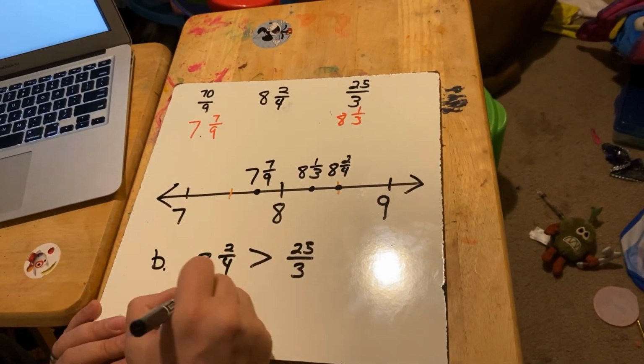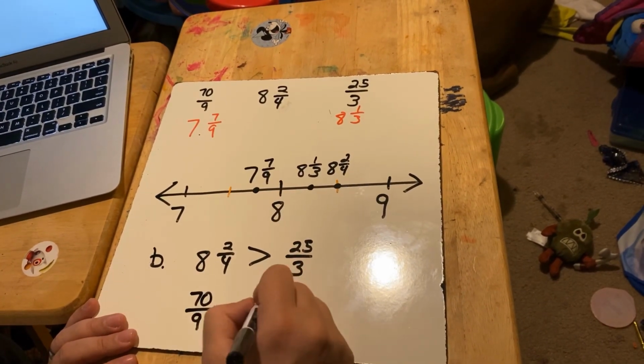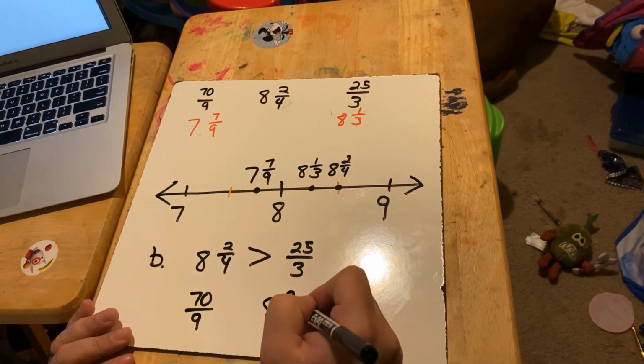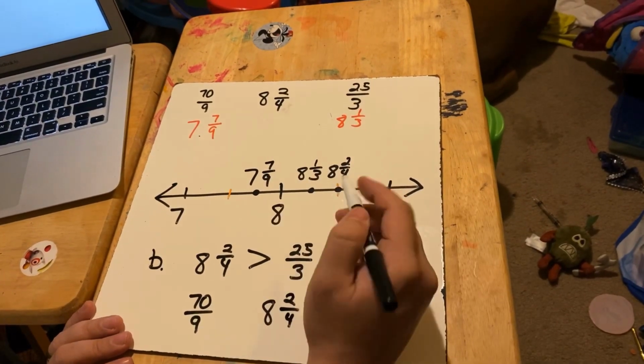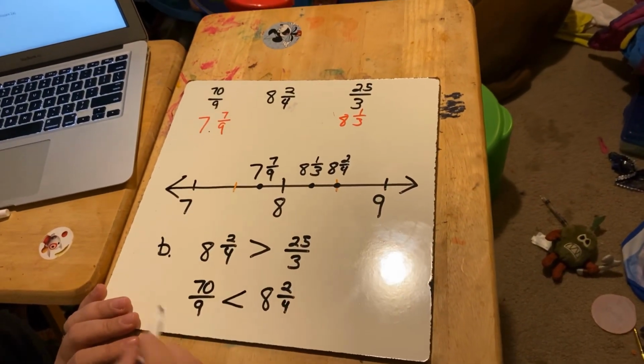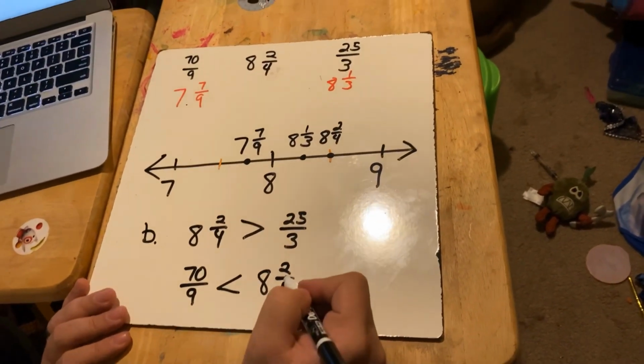And then my next one says 70/9 and 8 and 2/4. Once again, 8 and 2/4 is my largest fraction, so 70/9 is less than 8 and 2/4.